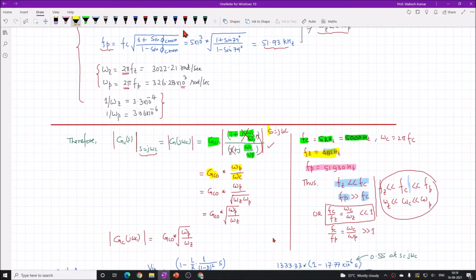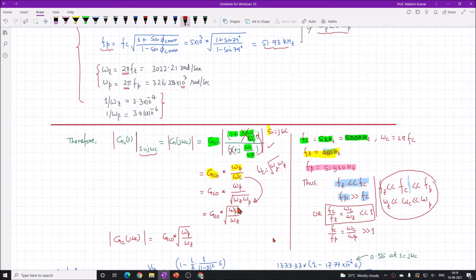We can again replace the value of omega c in terms of the omega z and omega p. We have proved that the maximum phase angle is contributed by the phase lead compensator at omega c equal to square root of omega z omega p. So we substitute this value back here and simplify this.